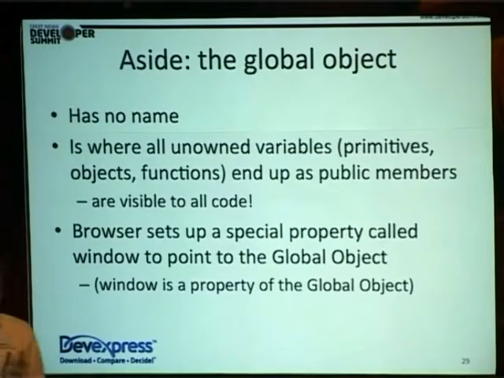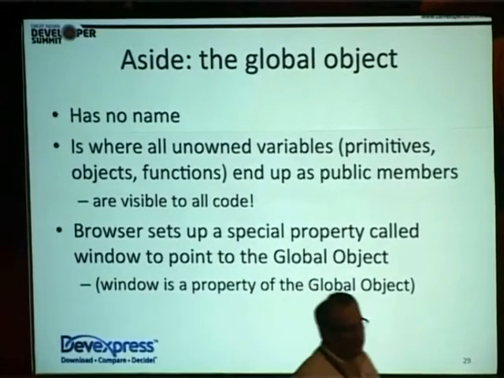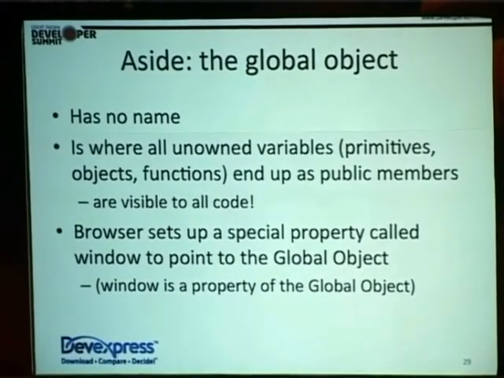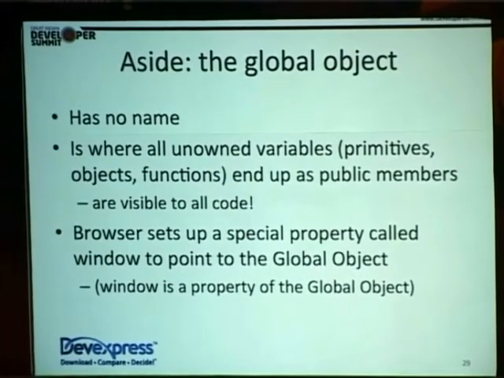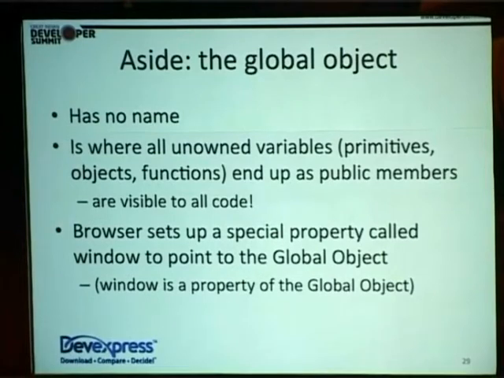But you might say, what is the global object? The other naff thing about JavaScript is there is an object which contains everything where you forget to give it an address, if you like. The global object has no name. It's where all unknown variables, be they primitives, functions, objects, arrays, whatever, end up as public members.